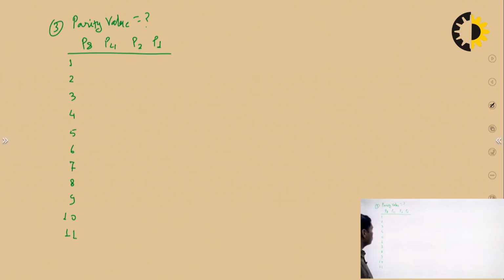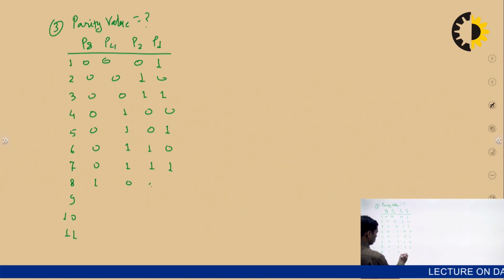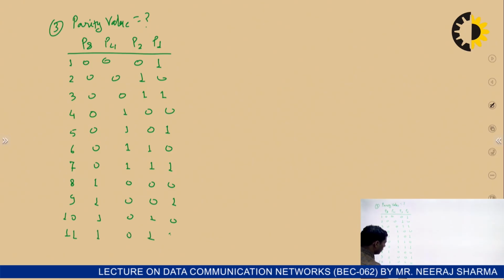Now our next task is to write their binary numbers corresponding to each location. 1 is 0001, 2 is 0010, 3 is 0011, 4 is 0100, 5 is 0101, 6 is 0110, 7 is 0111, 8 is 1000, 9 is 1001, 10 is 1010, and 11 is 1011.